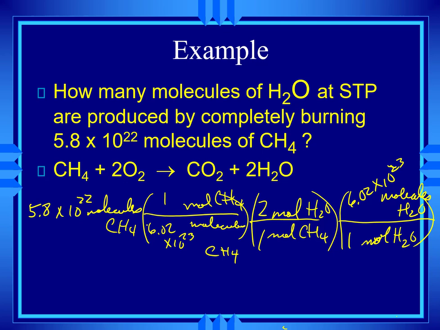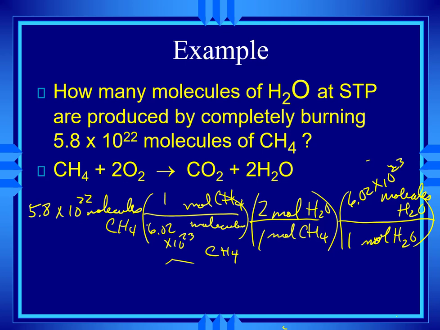You noticed a bunch of things cancel out again, right? So I'm not going to type the 6.02 times 10 to the 23rd. It's on the bottom, it's on the top. It cancels out. So all I have to do is take 5.8 times 10 to the 22nd and multiply it by 2.